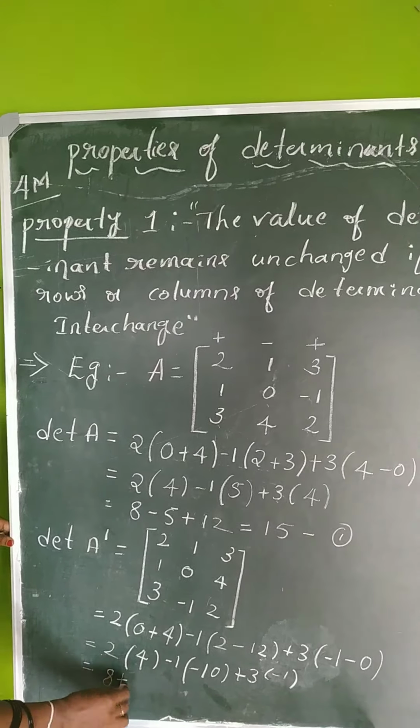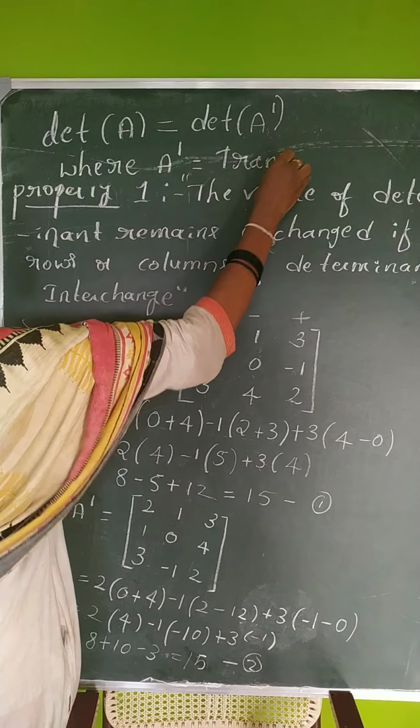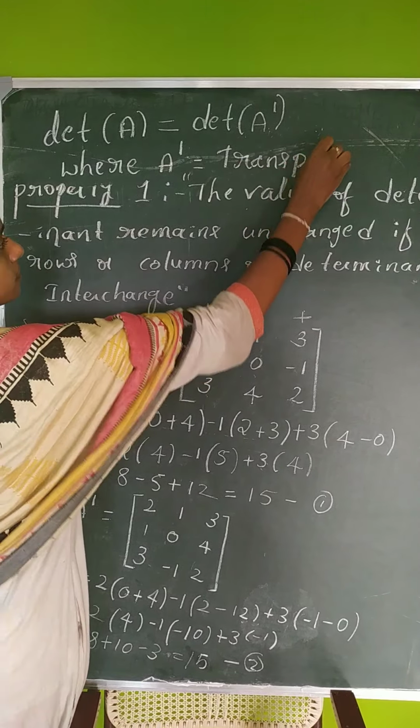Okay. So in general, we can write the first property as: the determinant of a 3 cross 3 matrix A is equal to the determinant of A dash, where A dash is the transpose matrix.